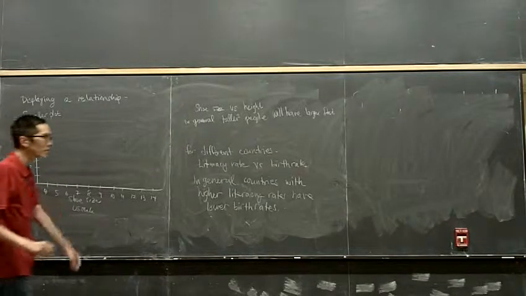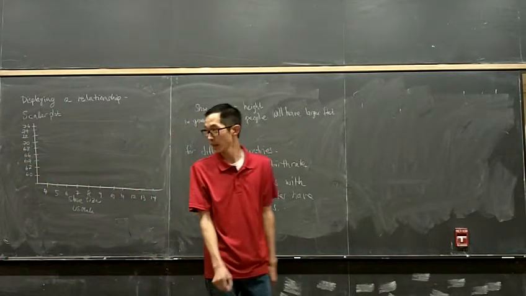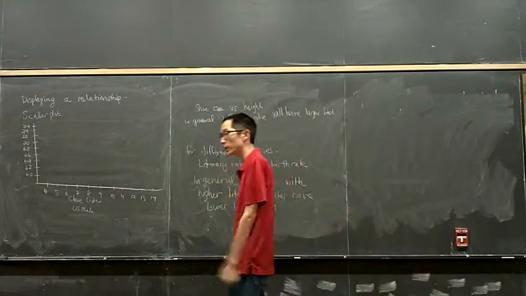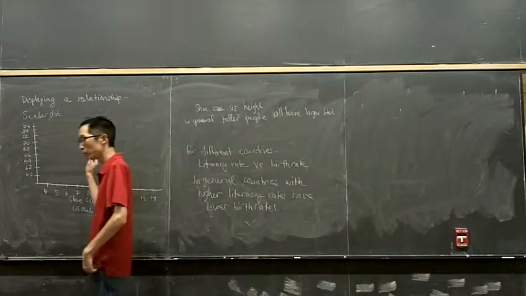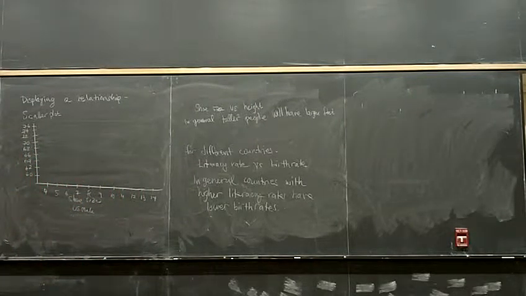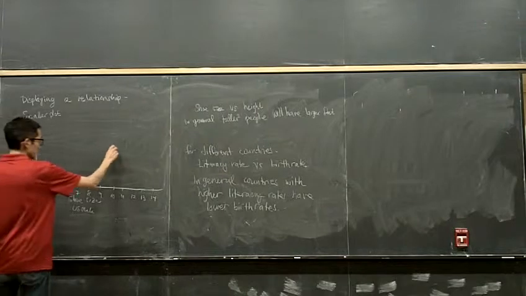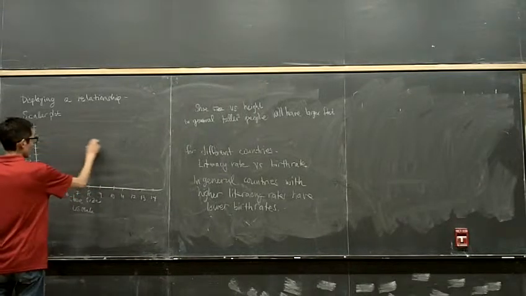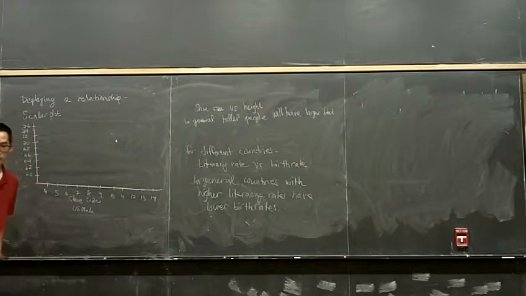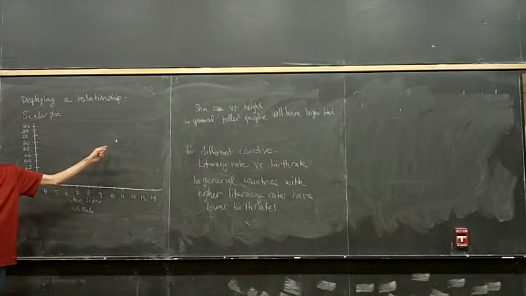Here I've created the axes, and what we would do is go through our data and draw dots wherever people exist. Here I put a dot right here, and this dot represents a person.